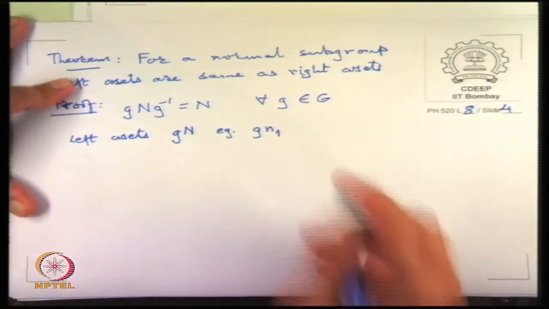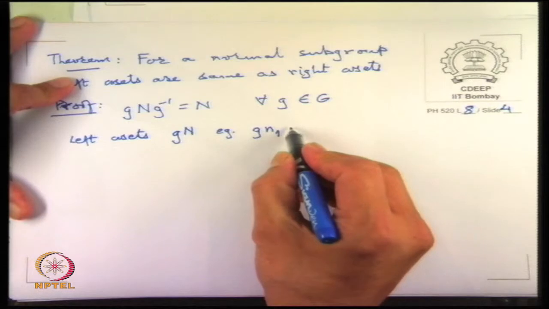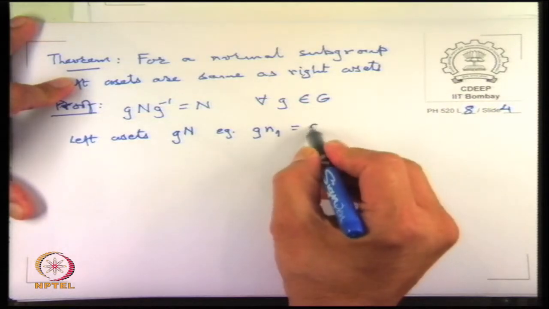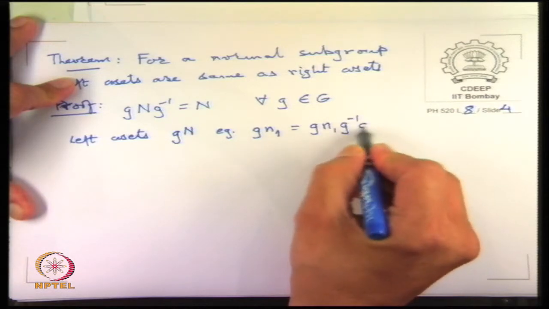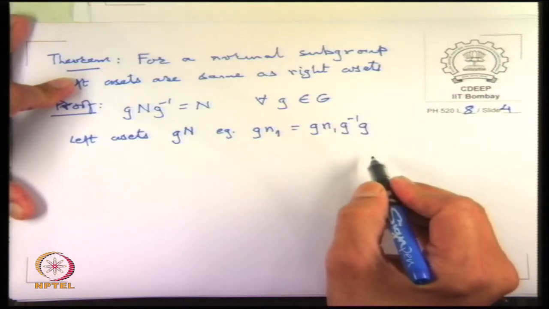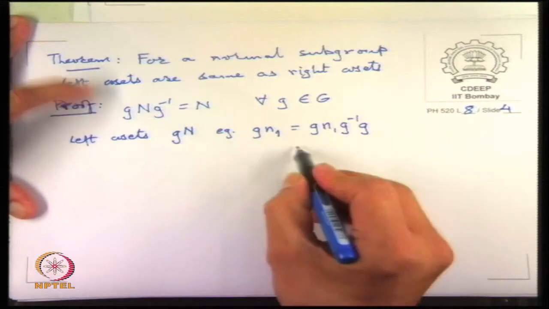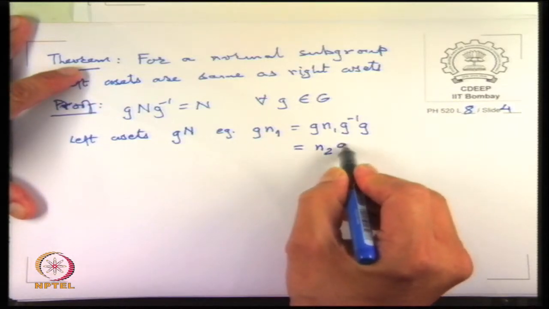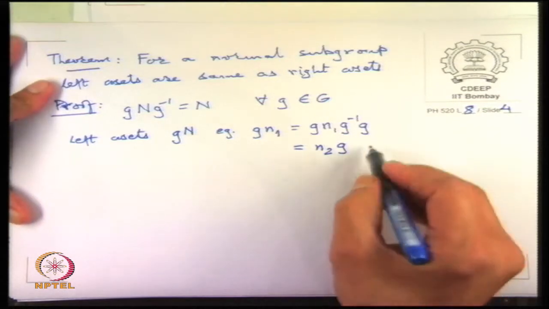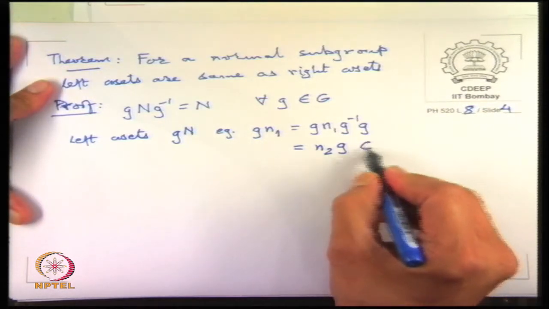But what we can do is multiply it by G n1, and I can put a G inverse G on this side. Because of its normality, it becomes equal to some n2 times G, but this belongs to the right coset.